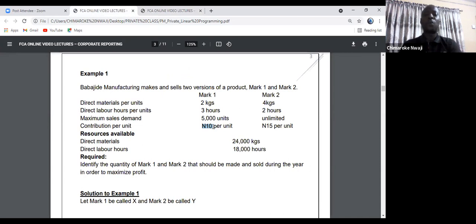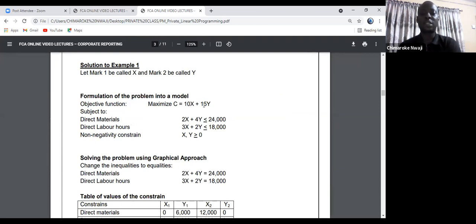So if Mark 1 is X, you will simply say 10X. The contribution for Mark 2 will be 15Y, if Y is for Mark 2. So you see it here, 10X plus 15Y. We want this to be the maximum that we can get. So we see that the objective function is a formula, because you see something like C equal to. All right, so that is for Mark 1.